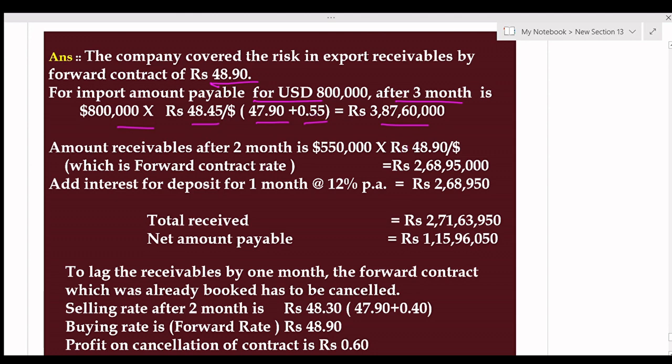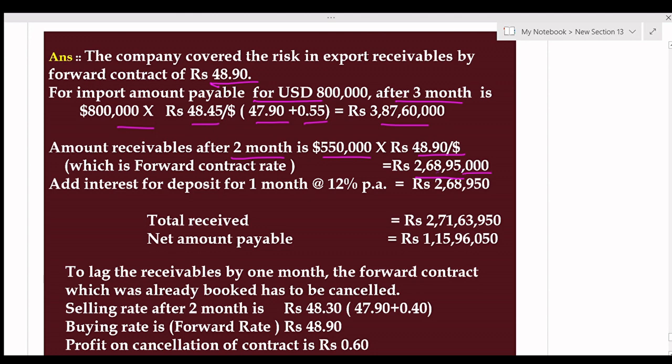Amount receivable after 2 months is $5,50,000 multiplied by the contract rate of 48.90 per dollar, the forward contract rate, which is equal to rupees 2 crore 68 lakh 95,000.